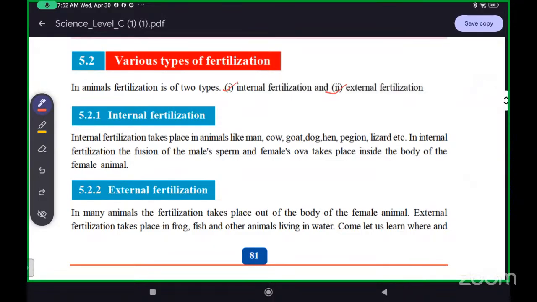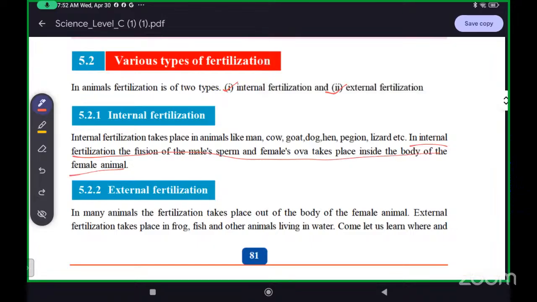Okay. Now, internal fertilization takes place in animals like man, cow, goat, dog, hen, pigeon, lizard, etc. In internal fertilization, the fusion of male sperm and female ova takes place inside the body of the female animal.